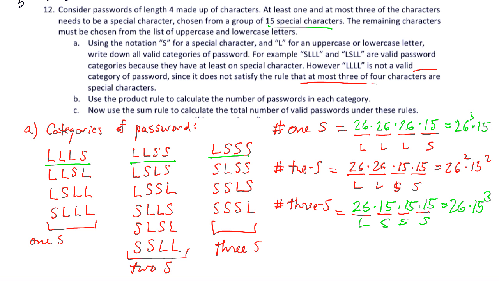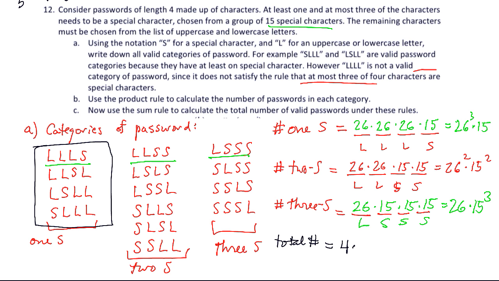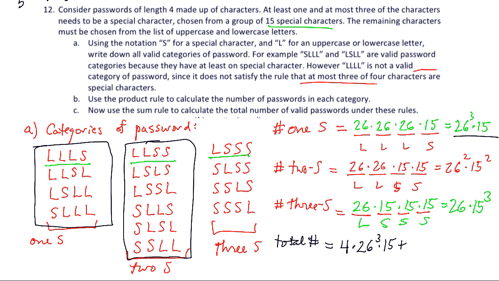Okay, the total number now. Use the sum rule to calculate the total number of valid passwords under these rules. The total number is equal to 4 times 26 cubed times 15, plus 6 of the 2S varieties, 6 times 26 squared times 15 squared.